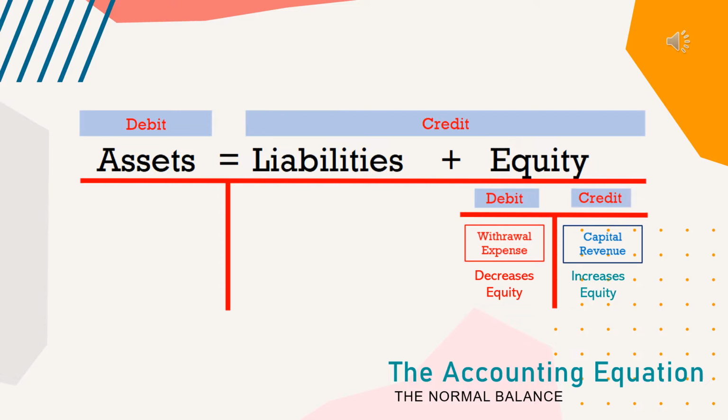Using that logic, we can now determine the normal balances of the other elements related to equity, such as capital, withdrawal, revenue, and expense. Since capital and revenue increase equity, it follows that their normal balance is credit. On the other hand, since withdrawal and expenses decrease equity, therefore their normal balance is debit.